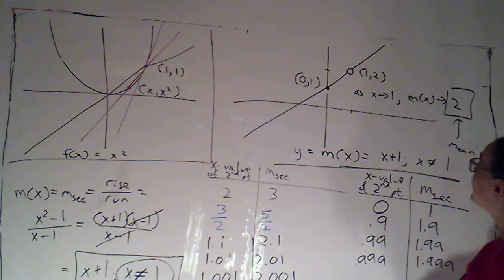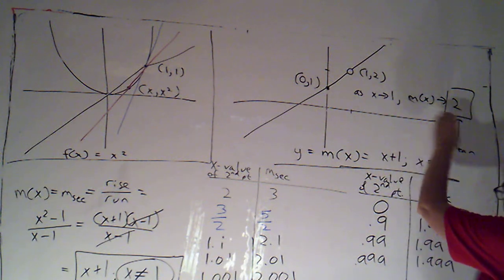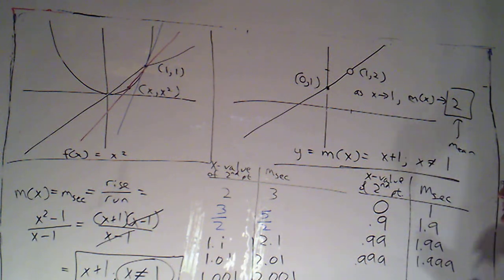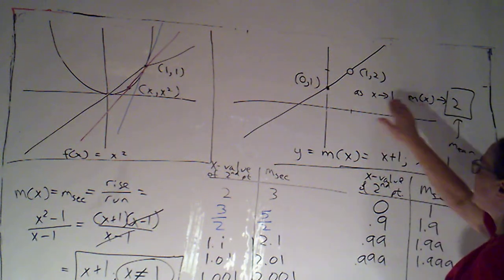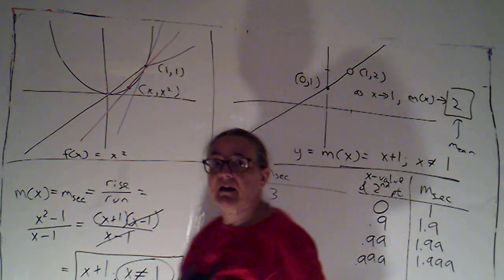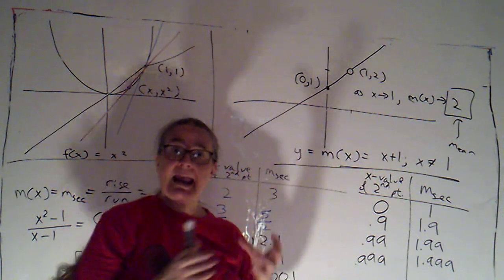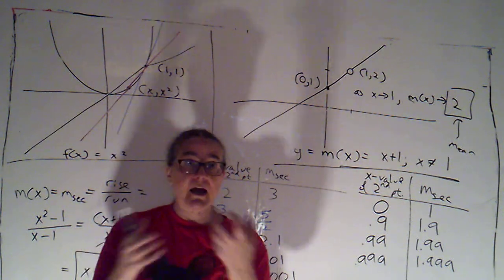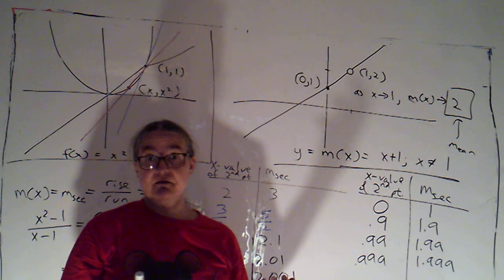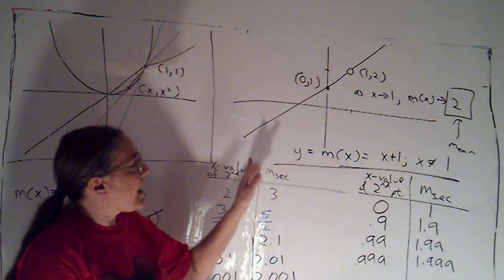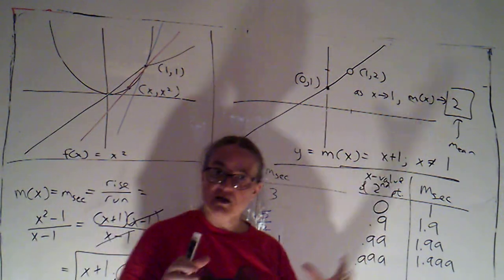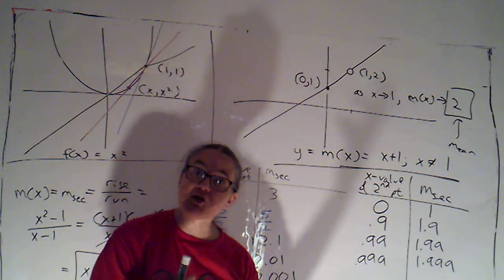Very cool. Now, you saw this arrow notation probably in your pre-calculus classes. The arrow notation is kind of nice because there isn't a point here. So I can't say m of 1 is 2. M of 1 is undefined. But I can describe what the m value, what the slopes of those secant lines get close to.